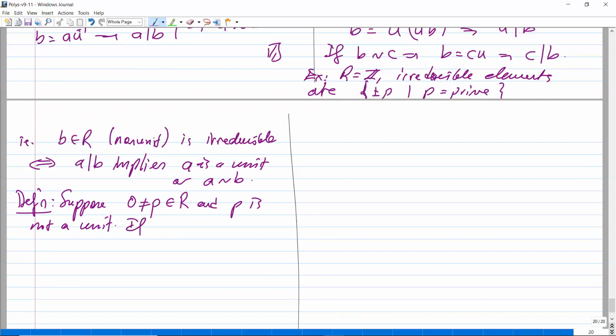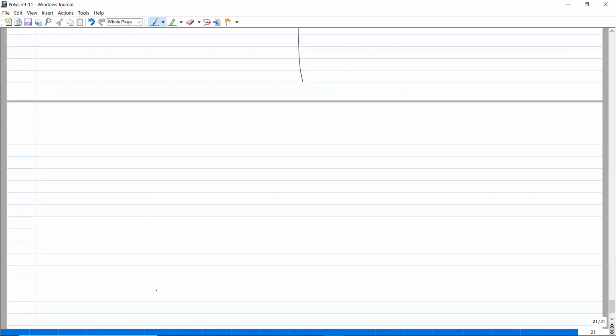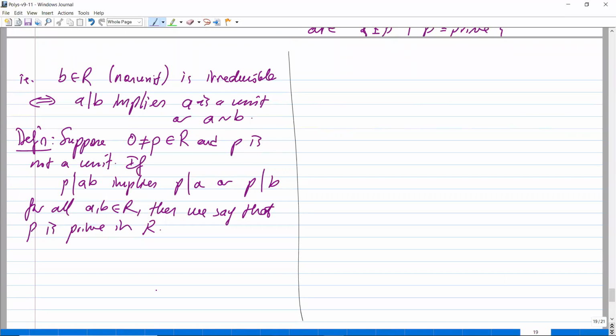If P divides A times B implies that P divides A or P divides B for all A, B, then we say that P is prime in R, just like prime numbers in the integers. Remember?